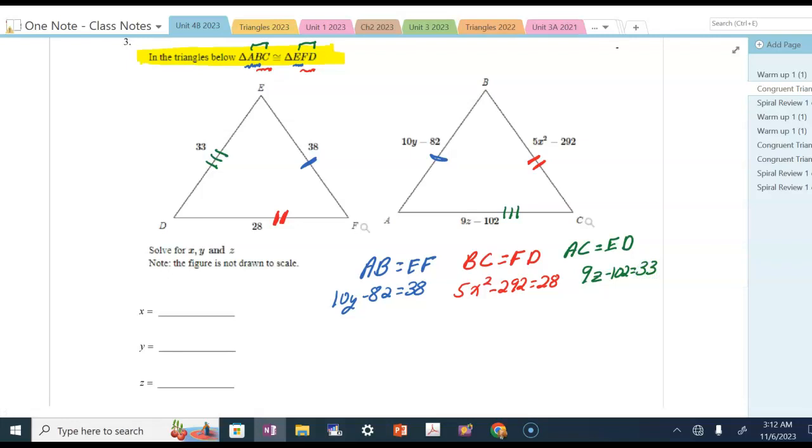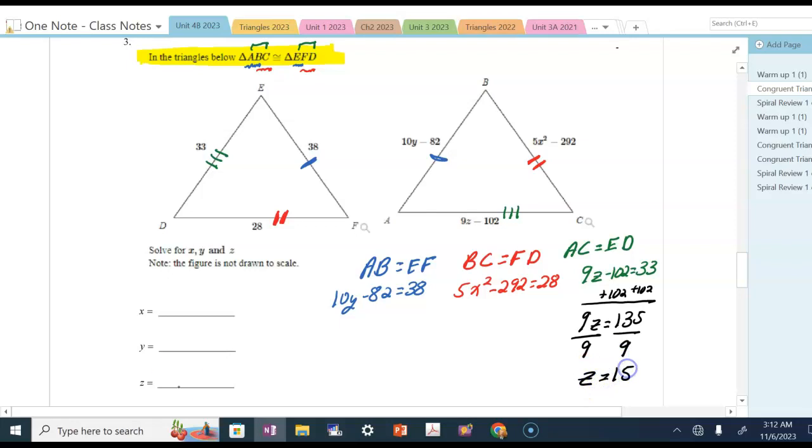So I'll solve for z first. Let's add 102 to both sides. So 9z is 33 plus 102, which is 135. Divide by 9, and z is 15.